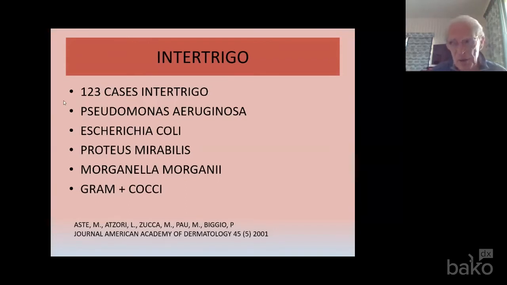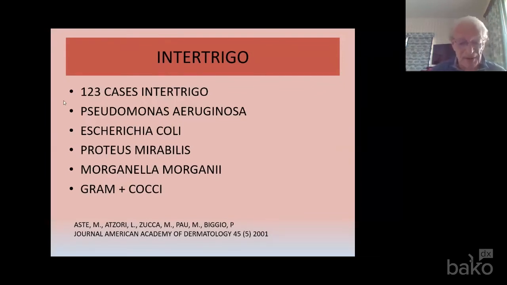And so this again points to the fact that we cannot assume that all these toe web space infections are simply a dermatophytosis simplex, simply just an interdigital tinea pedis, because many of these are, again, a mixed bag of perhaps yeast or perhaps dermatophytes with gram-positives or gram-negatives.